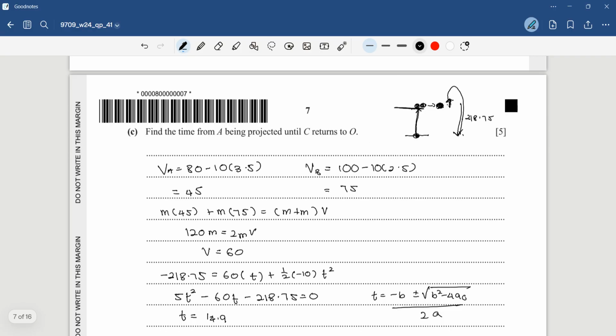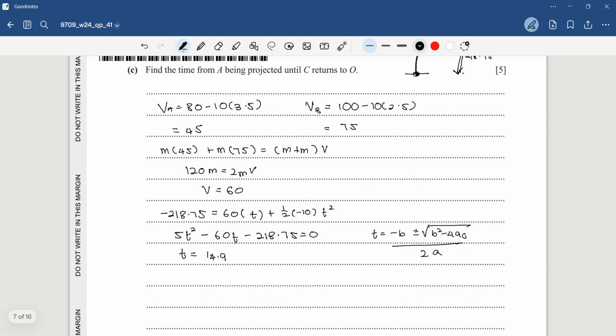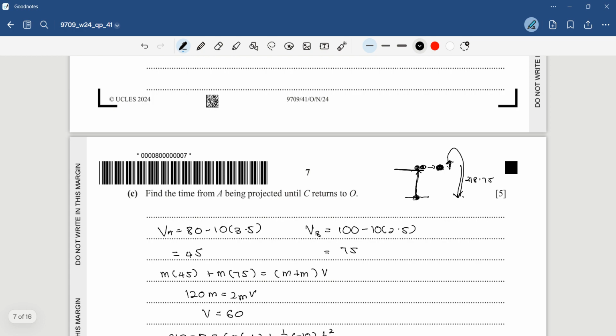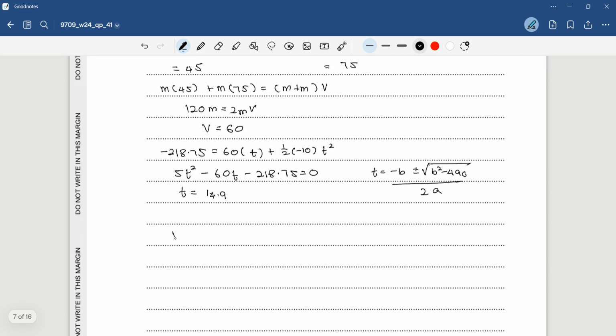For it to go up and down is 14.9, and for object A to travel this distance 218.75 is actually 3.5. So the total time will be 14.9 plus just now 3.5. This one is the answer from A. So it will be 18.4 seconds.